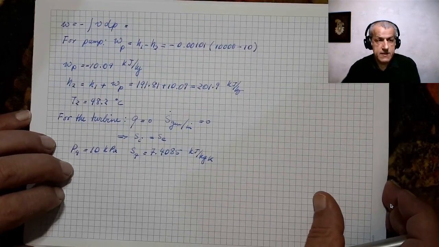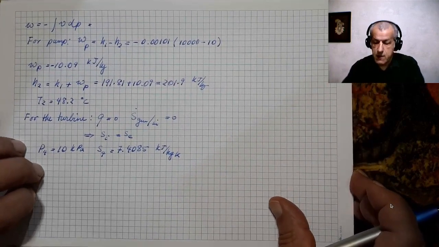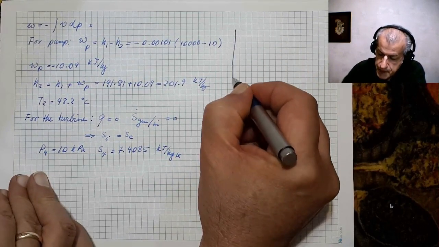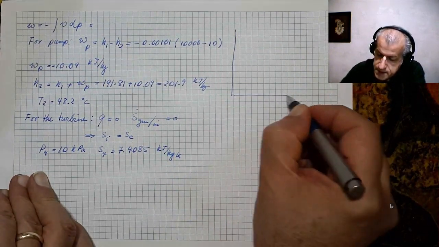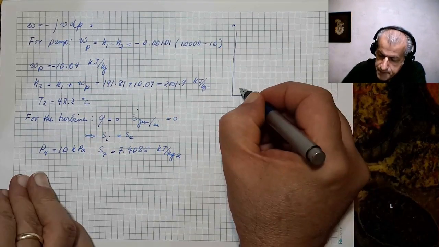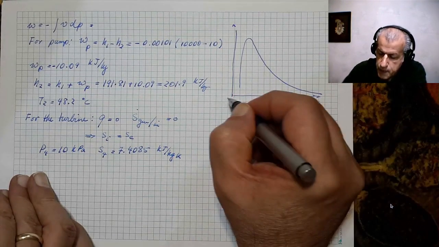Now, let's redraw our cycle. This is a TS diagram. This is the saturation dome.